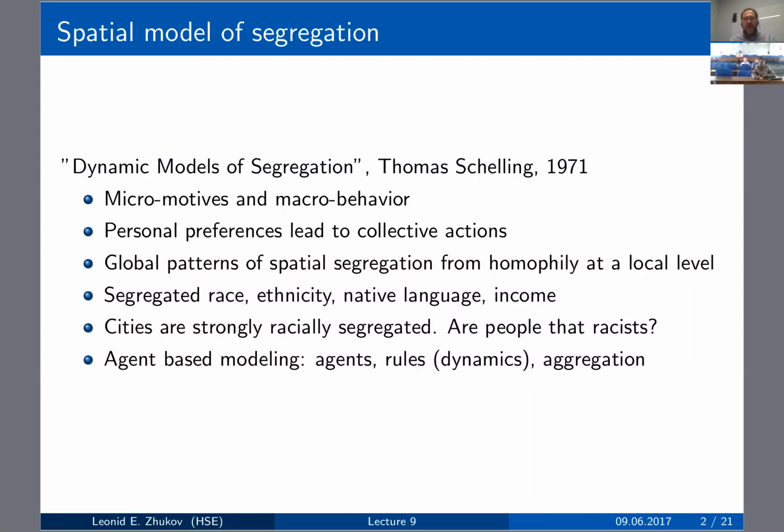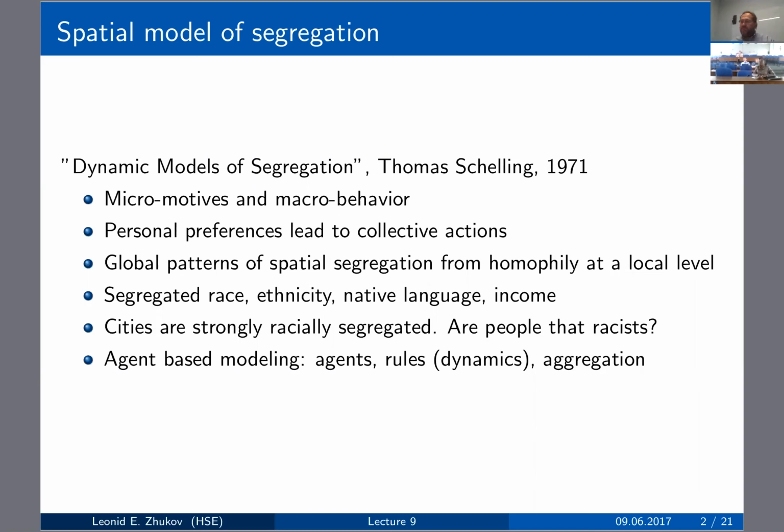The example and the original work of Thomas Schelling was dedicated to segregation. And segregation can be thought of as segregation by race, ethnicity, native language, or income. And we all observe that, for example, big cities are strongly racially segregated, right?